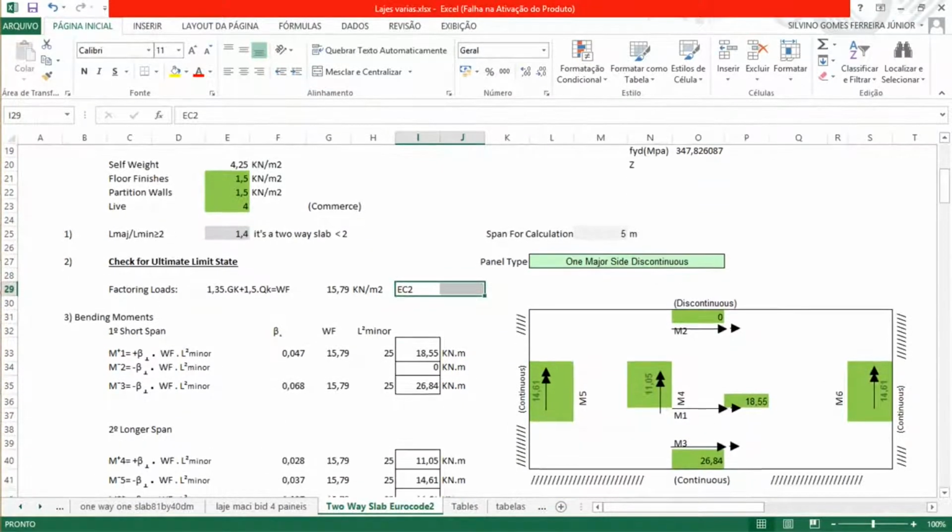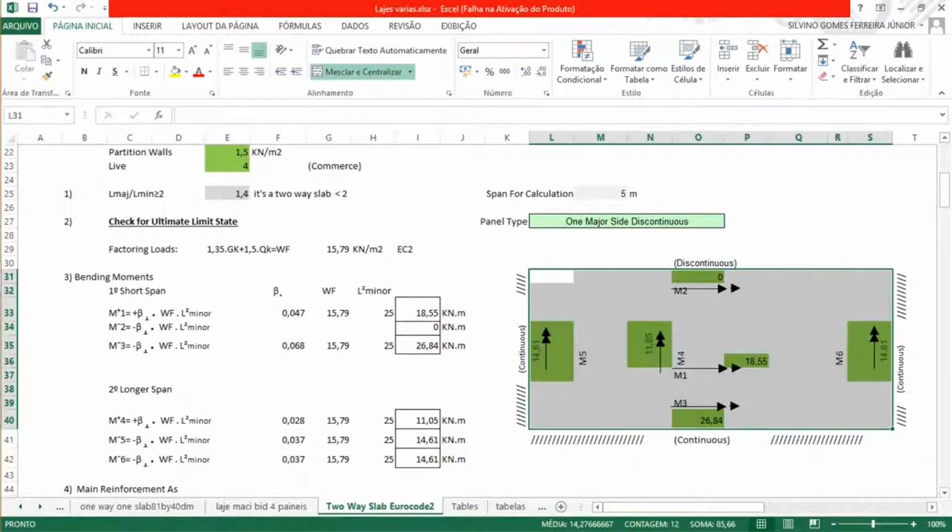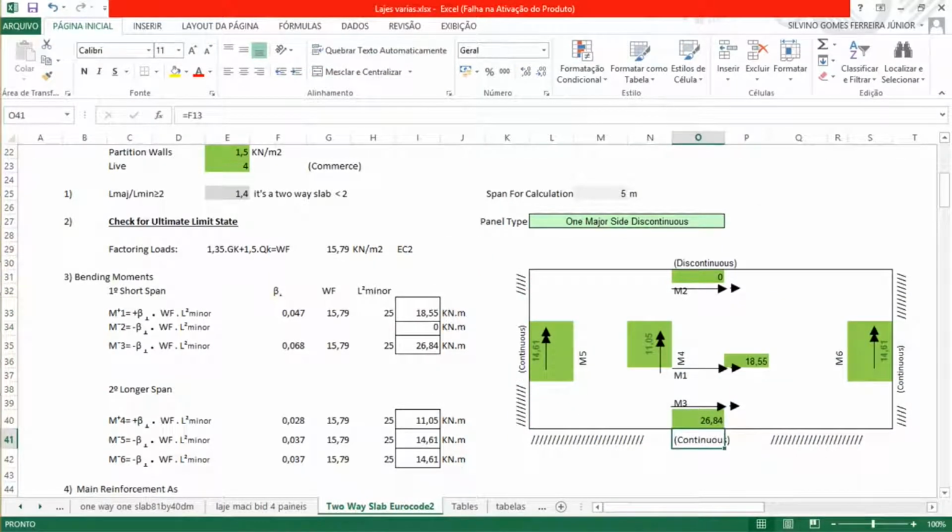So we can represent this slab this way. This side is continuous, this side is continuous, here continuous, and here discontinuous. What it means is that on the discontinuous side we can have another slab here. To calculate that later, in another video I'll explain how to balance the moments from one slab to the other slab to get the right moment to calculate the reinforcement.